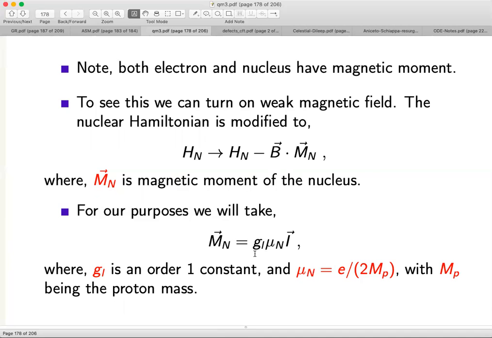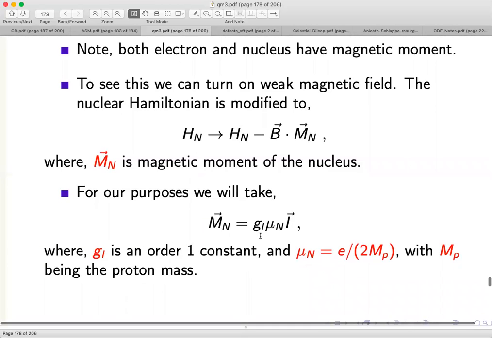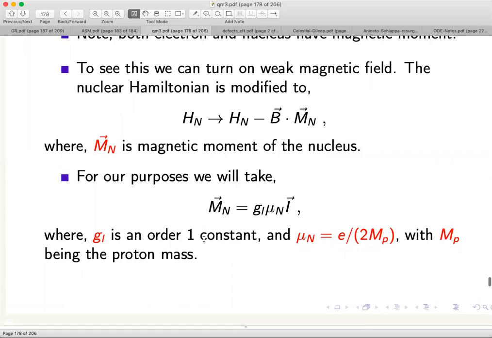This Landé-g factor is 2, for example, for the electron, but here this is some kind of order 1 number, which depends on what is the effective term coming from vector addition of all nucleons in the system. We don't really need to know this number very accurately, as long as it is roughly of order 1.